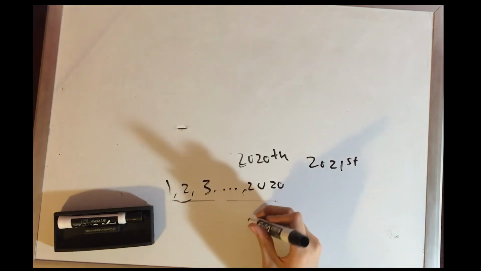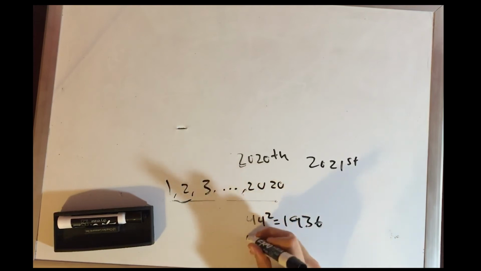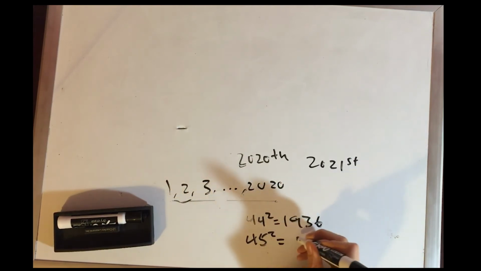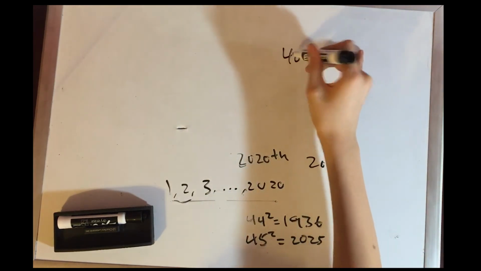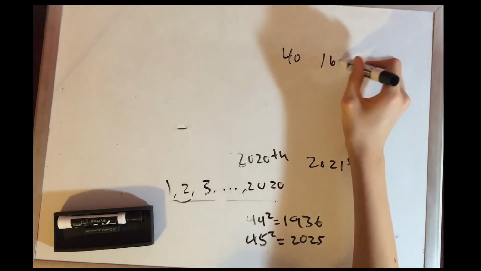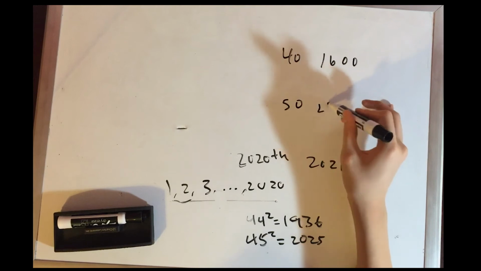So 44 squared is 1936, and 45 squared is 2025. I just did this with a calculator, but on the actual test, you could deduce this quickly: 40 squared is 1,600, and 50 squared is 2,500.